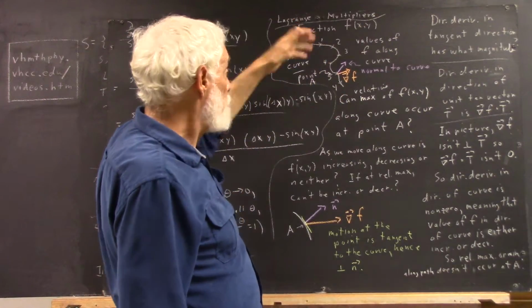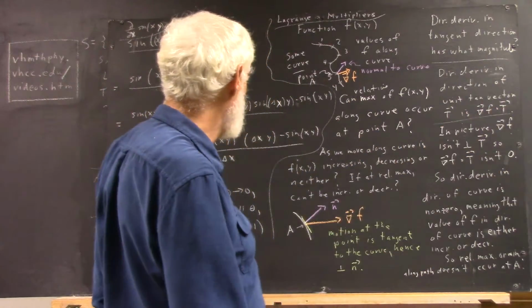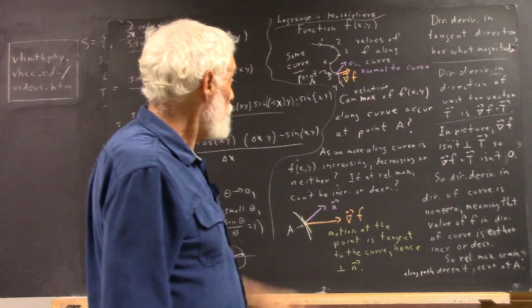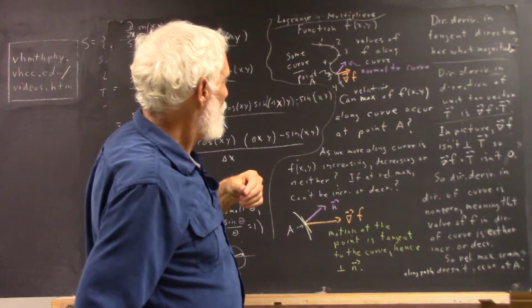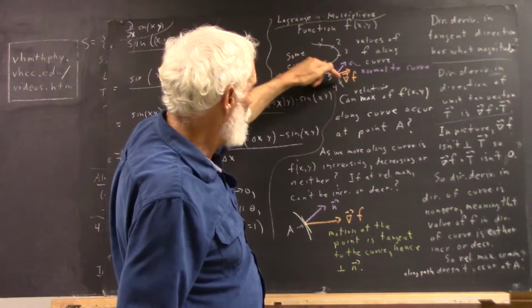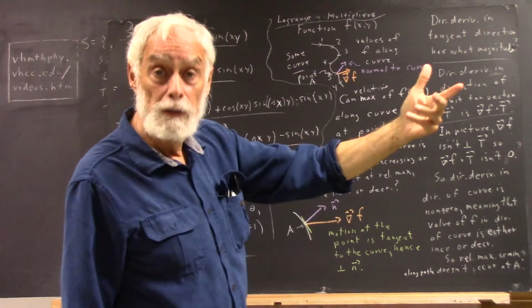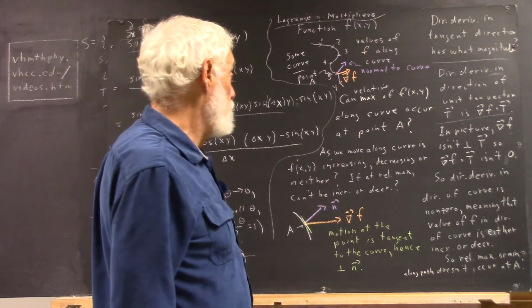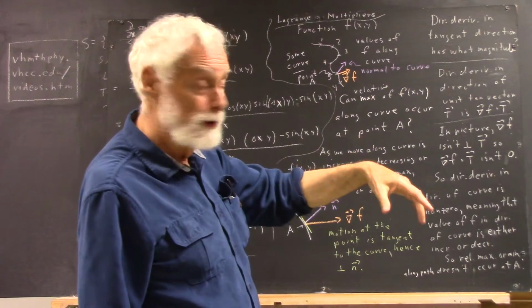If this is a nice curve and a nice function, differentiable and all that, and the curve is smooth, we expect that somewhere between 4, 5, and 4 we're going to hit a maximum value, at least a relative maximum. Maybe we'll hit several, depending on how weird the function is.